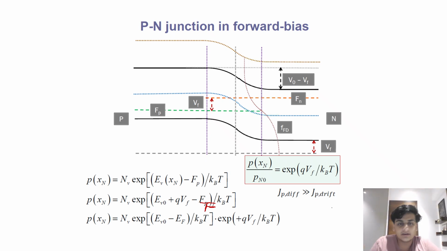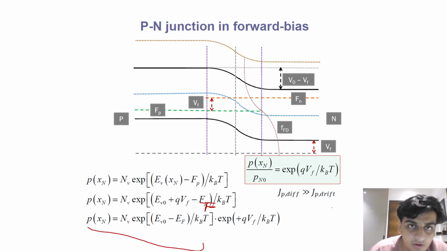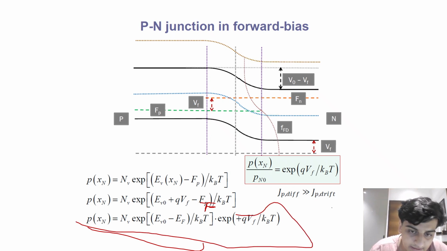Cool. So just note that typo. So if we replace Fp as EF minus Vf, which is the difference with respect to the original Fermi level, we can get this expression for the hole concentration at the edge.